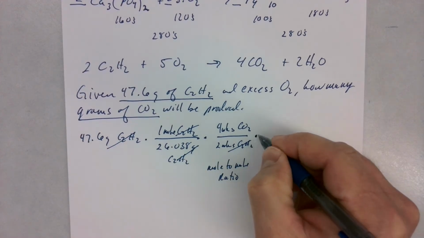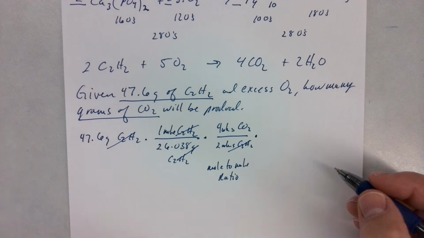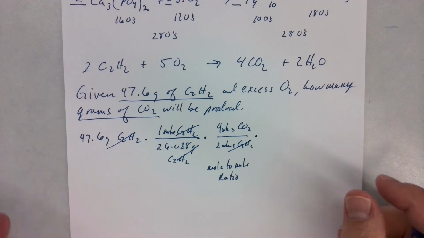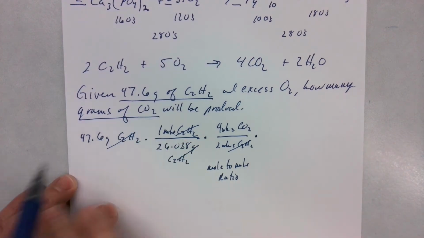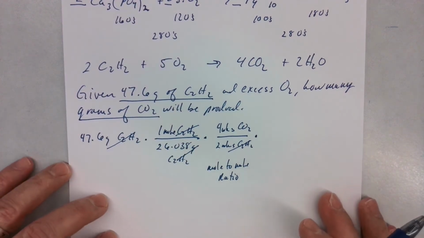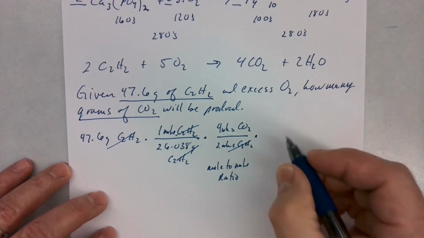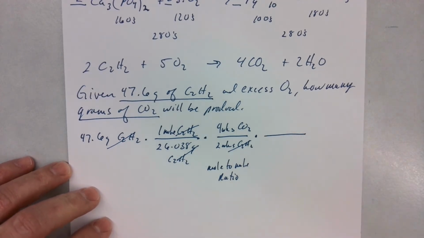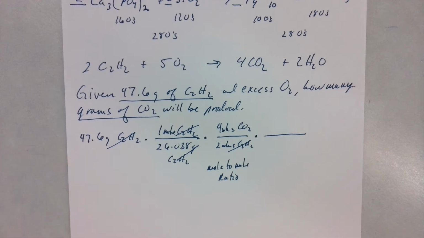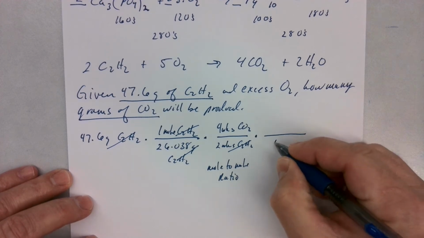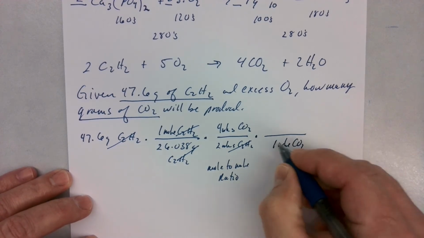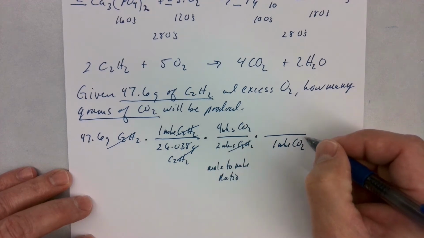Now, if I stop there, I would be in moles of CO2. But the question didn't ask me to find the moles of CO2. The question asked me to find the grams of CO2. So now I've got to go back to what? Back to grams. So now what am I going to use? So the moles are going to go in the denominator. So I'm going to go 1 mole of CO2 in the denominator because I need it to go away. What's going to go in my numerator?